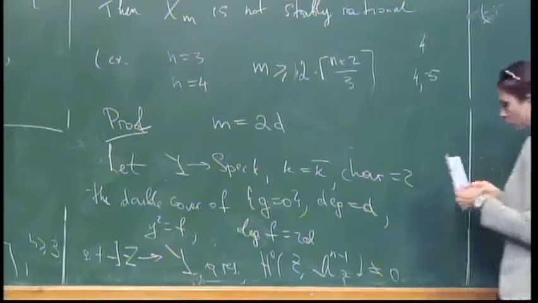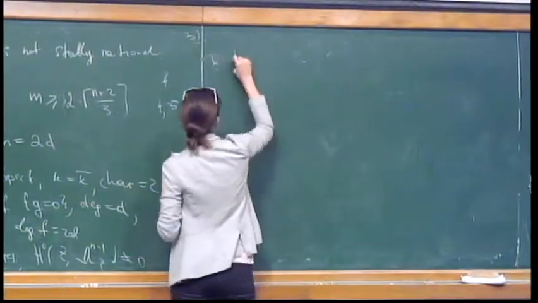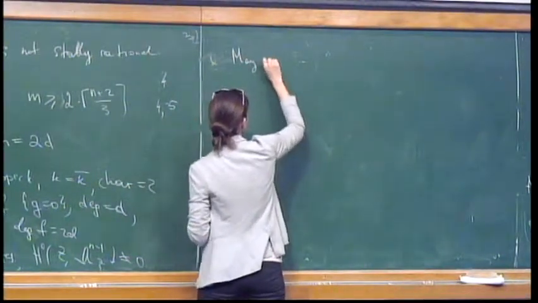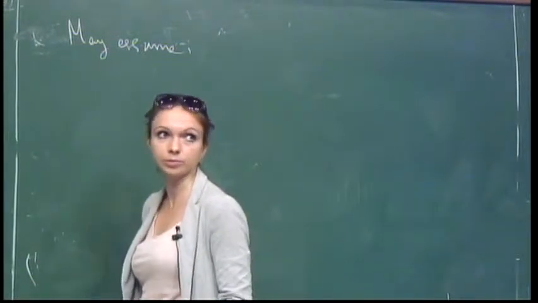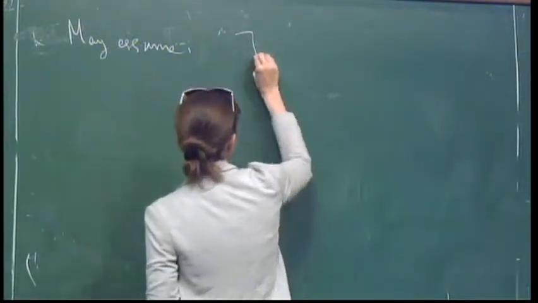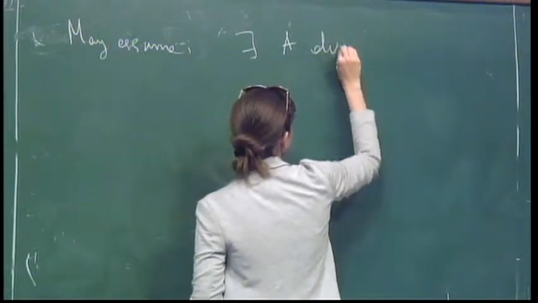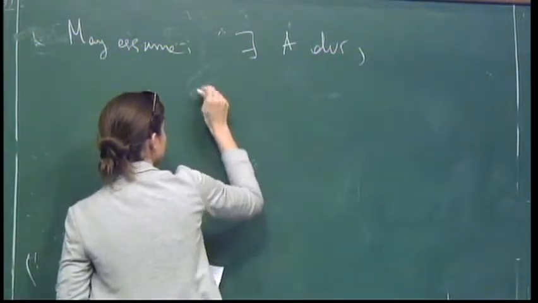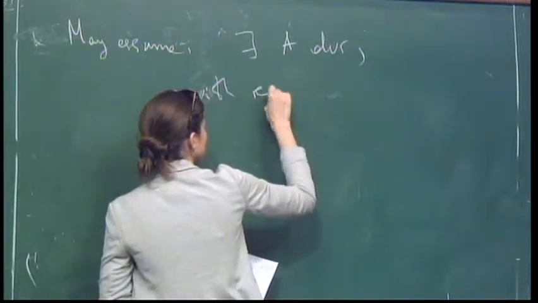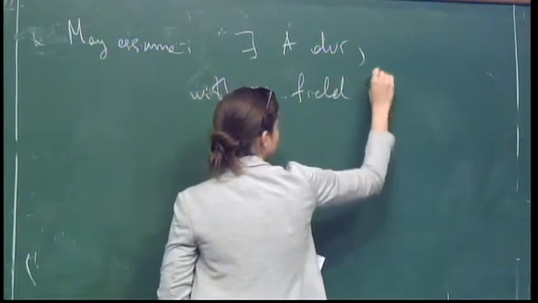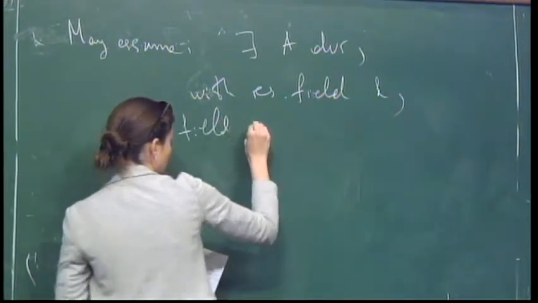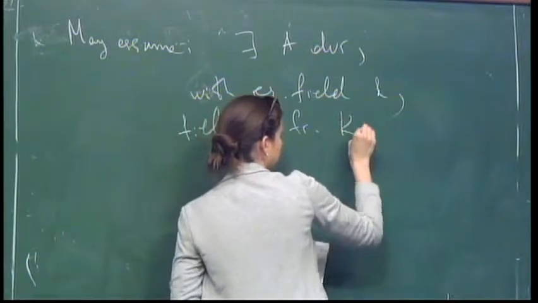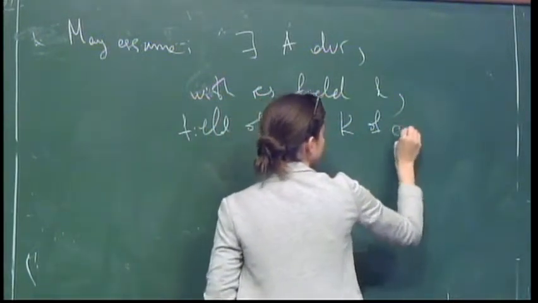Okay. So we may assume that we are in the following situation: that all the things in characteristic 2 are obtained by reduction of something in characteristic 0. So we may assume that there exists a discrete valuation ring A with residue field little k, and with field of fractions big K of characteristic 0.